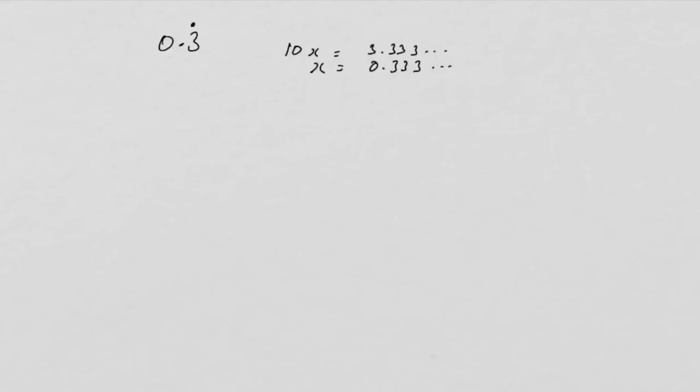So the 3 recurs again. Then we subtract. 9x is equal to 3. And what happens is that all of these 3s cancel each other out. So we are just left with the 3. And then, as you will probably remember, x then becomes 3 over 9, and x is a third, which we know anyway. But the point is that we do this by shunting the digits along.